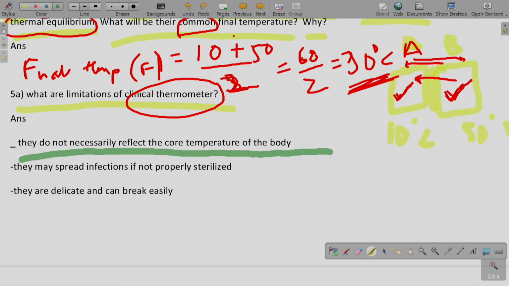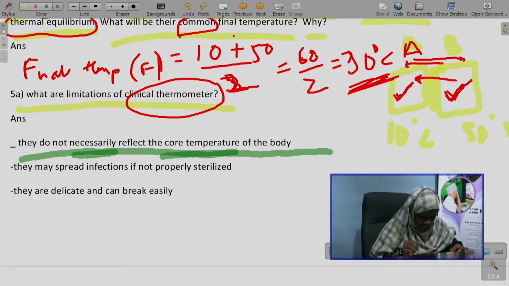Let's say the temperature of the body is actually 52. But with clinical thermometer, they do not necessarily show 52. They might show something which is approximately 52, but it's not the core temperature. They might or they might not. So it's not necessarily that they show the same temperature as that of the body. So that's the first limitation.